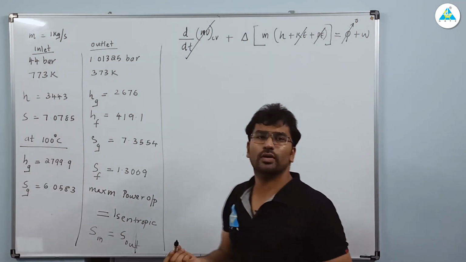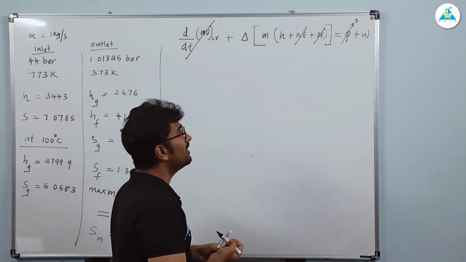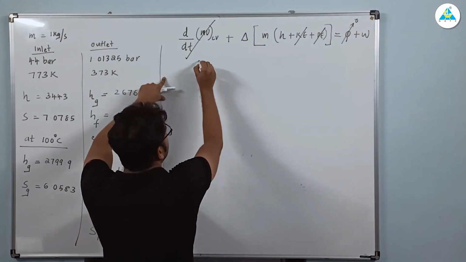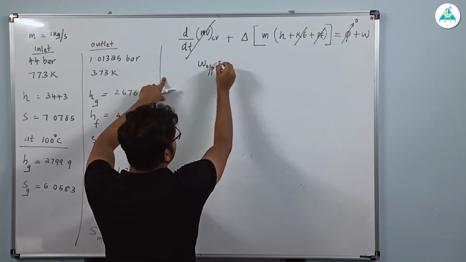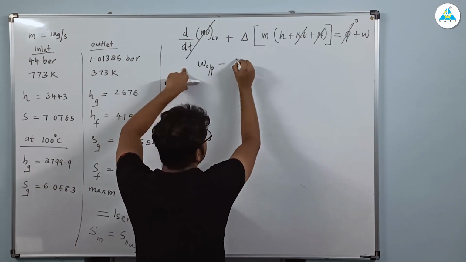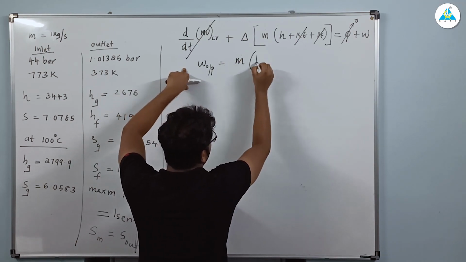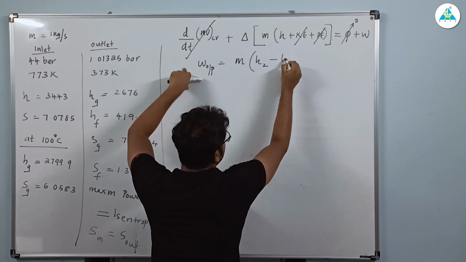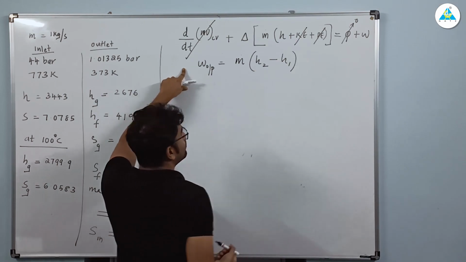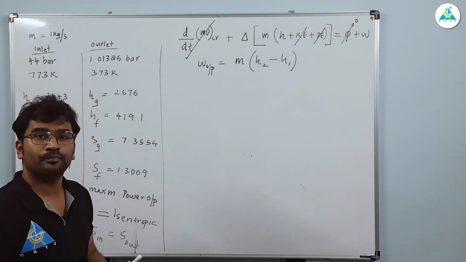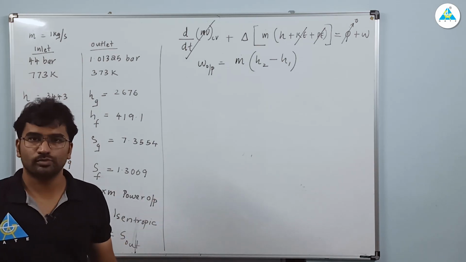So generally the equation for the work output of a turbine is mass flow rate times outlet enthalpy minus inlet enthalpy, that is, outlet minus inlet, H2 minus H1.